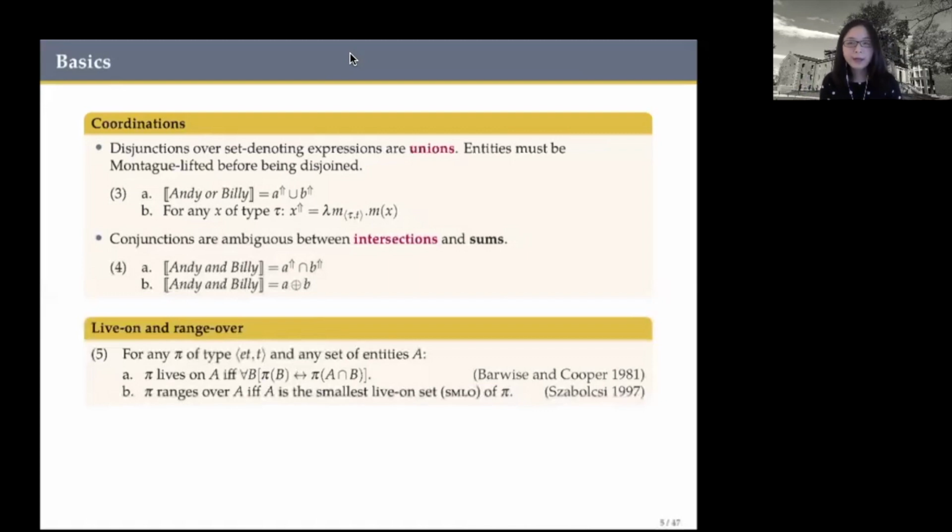For generalized quantifiers, the most important notion for today is livingness. For any pi of type ETT and any set of entities A, we say that pi lives on A if and only if whenever pi holds for B, pi holds for the intersection between A and B. And furthermore, we say pi ranges over A if and only if A is the smallest live-on set of pi.